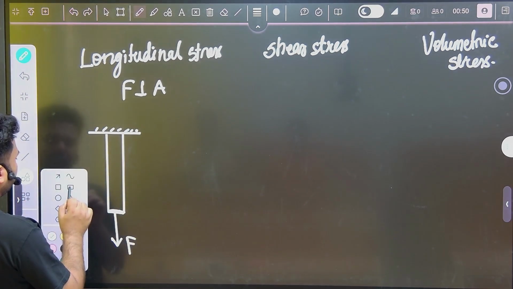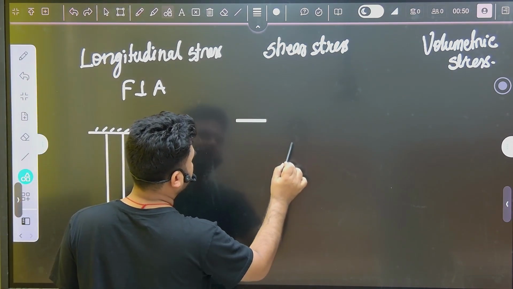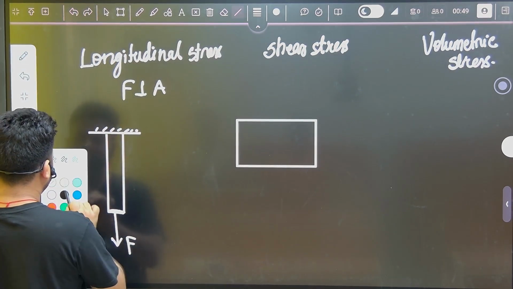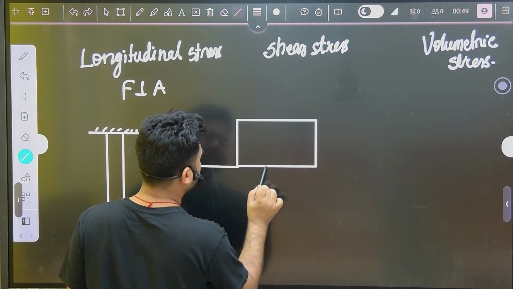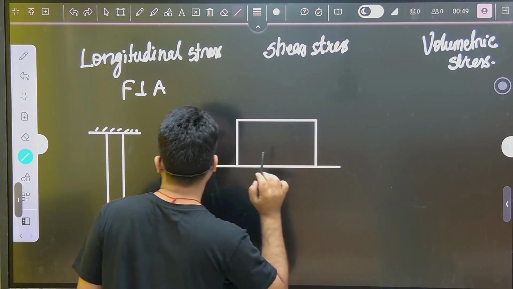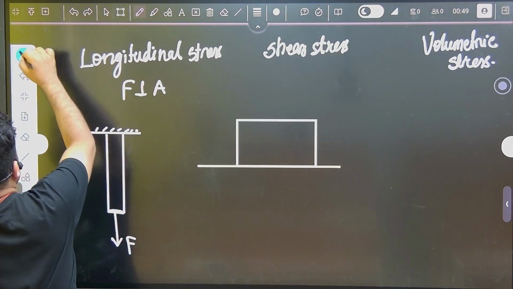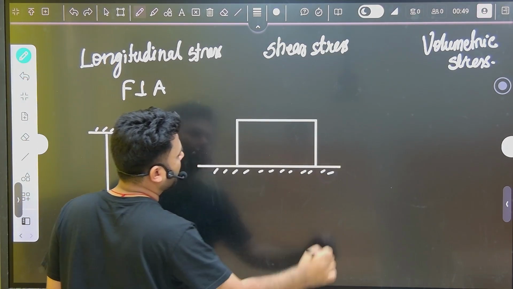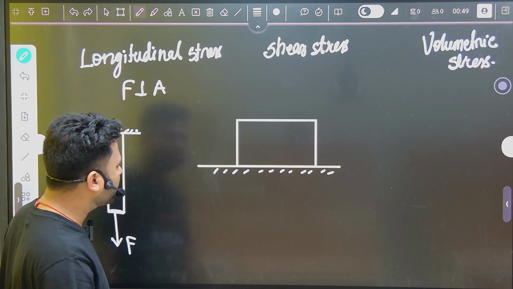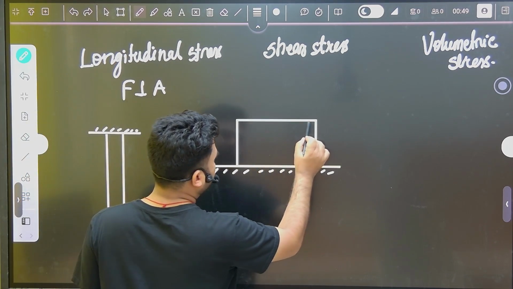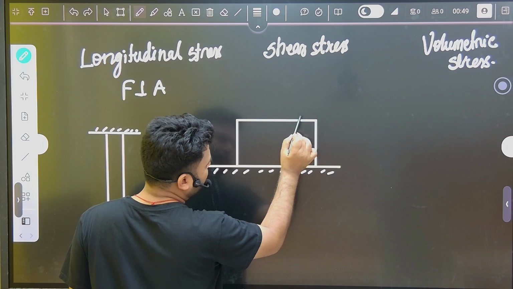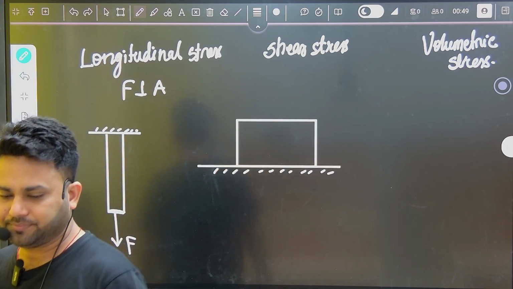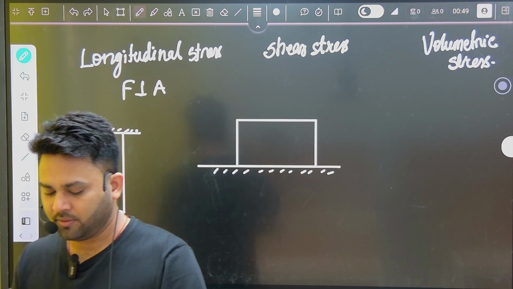Similarly, suppose you have a body like this. This is the ground, suppose. And you are applying force in parallel to the cross-section area.